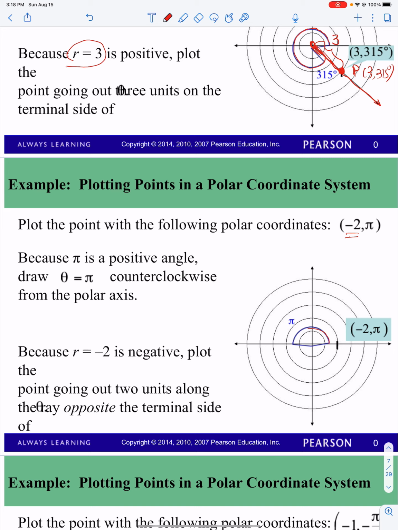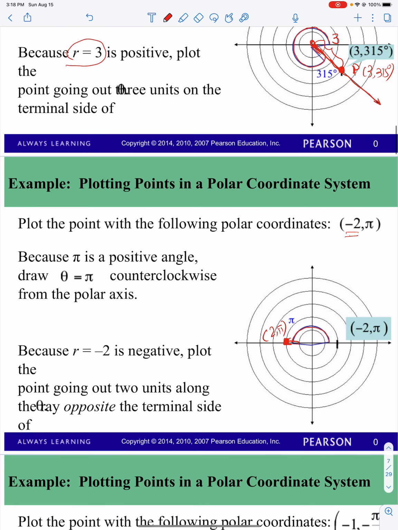So it's pi. Okay, then what should we do? We find the distance, so the distance here is 2. So what is this point? This is (2, pi). Okay, so I will draw it.